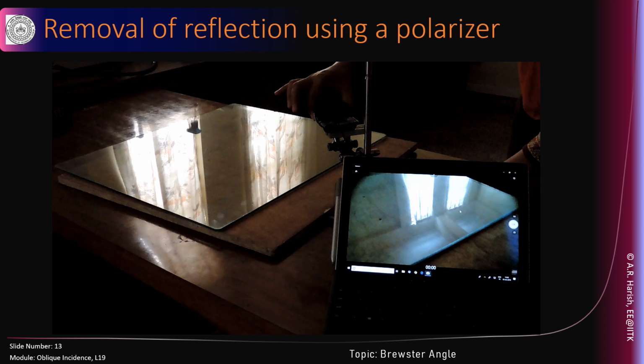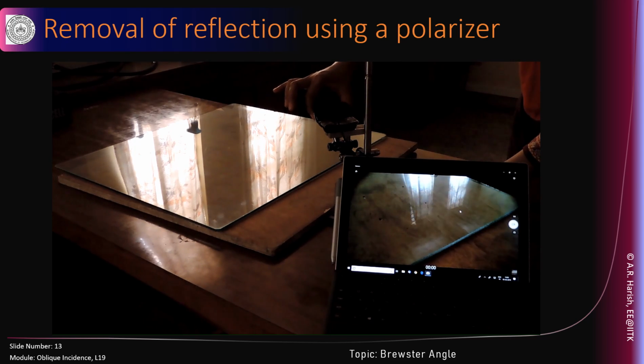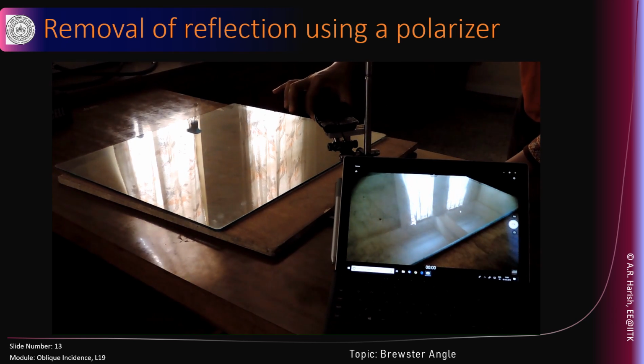Since the polarizer is oriented such that it is allowing the perpendicular component, we are able to see the reflection from the top surface. If we block it, then we can see the bottom surface also. How do we do that? We rotate the polarizer such that it blocks perpendicular polarization. Let us start the video and you will see the fun.